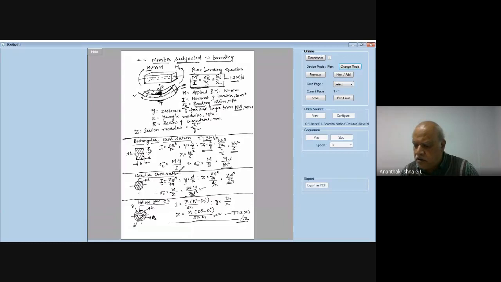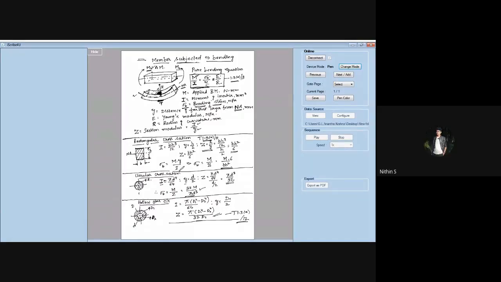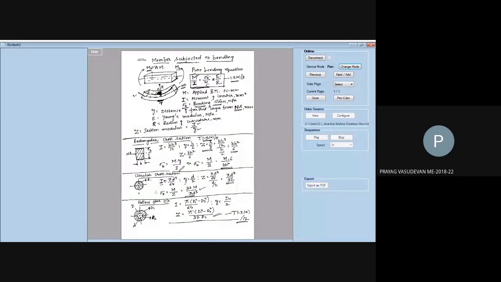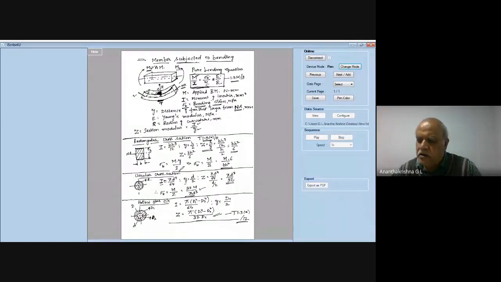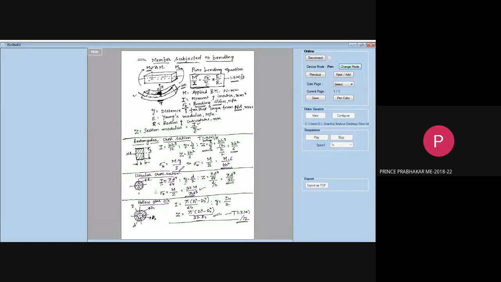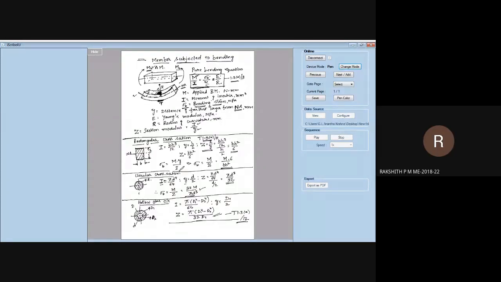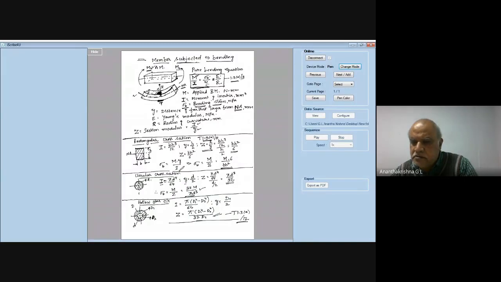Okay. Nitin. Present, sir. Prajwal. Prayag Vasudevan. Yes, sir. Prince Prabhakar. Yes, sir. Pinto. Yes, sir. Rakshit. Yes, sir. Rishi Dineshwar.